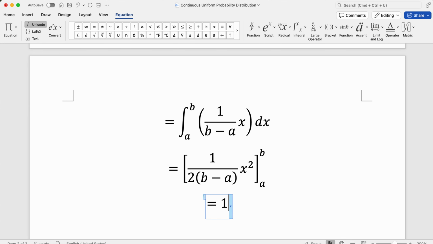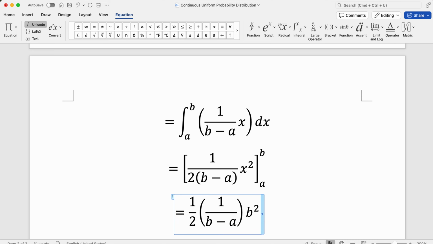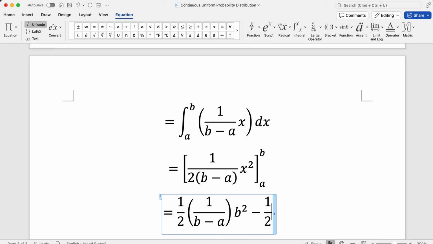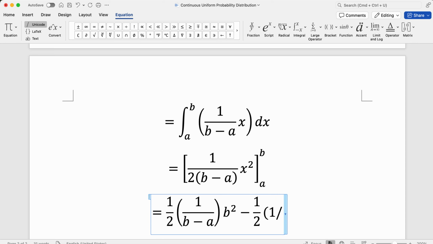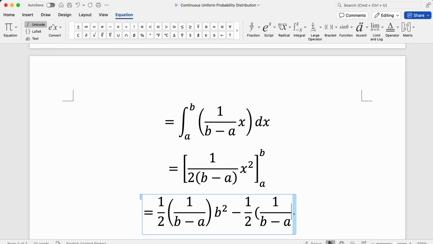If I do this, I'll get 1/2 times 1 over b minus a times b squared, minus 1/2 times 1 over b minus a times a squared.